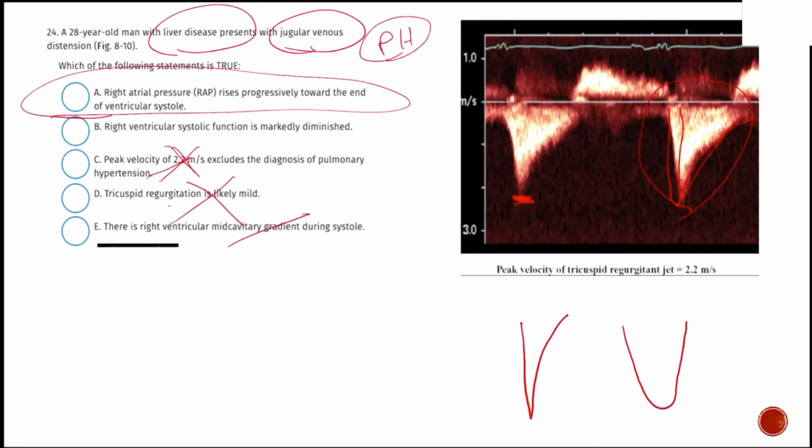And now using this pressure to calculate and have a reliable PA systolic pressure is not as helpful because you basically have one chamber. You don't have a gradient anymore because they're the same chamber. They just happen to have these like screen doors that are kind of flopping open up and down, doing nothing for you, right? And then right ventricular systolic function is markedly diminished. And I would say you don't have a way to say that by any means, right?